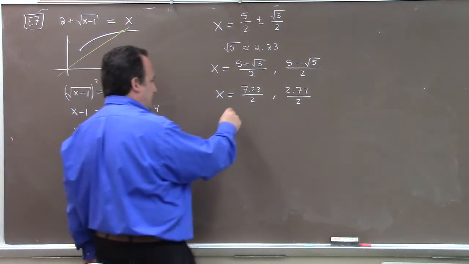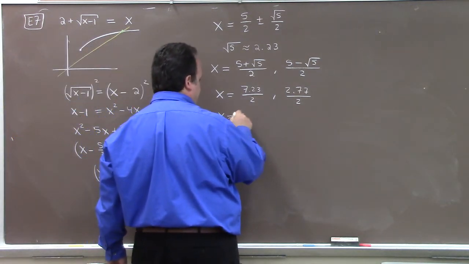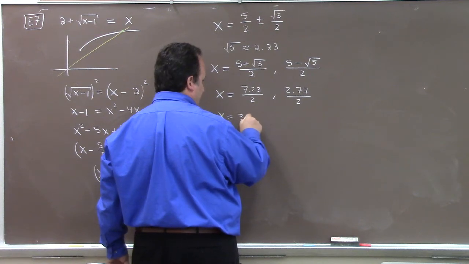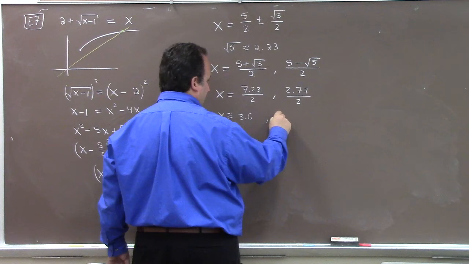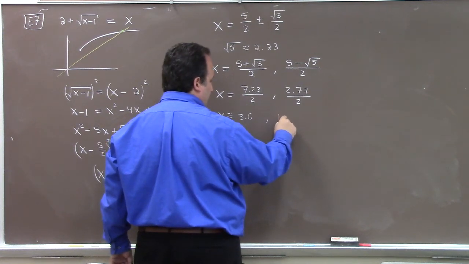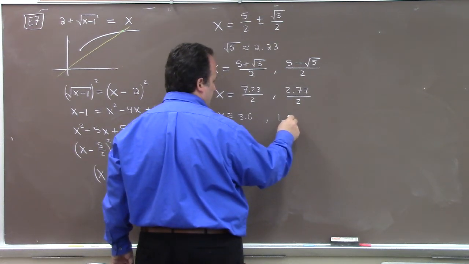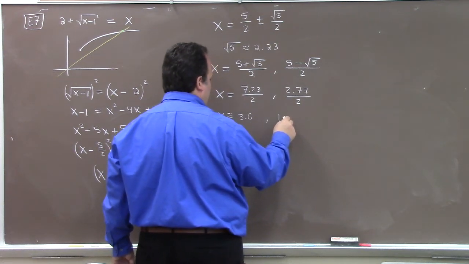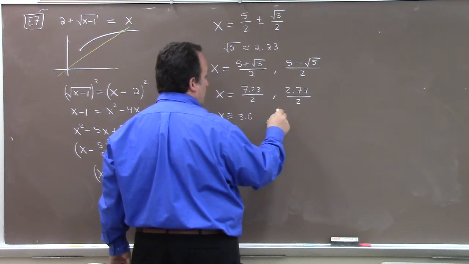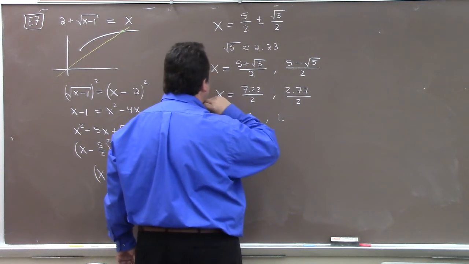So this is approximately 3.6-ish, or 1 point... I think the best is 2.76.